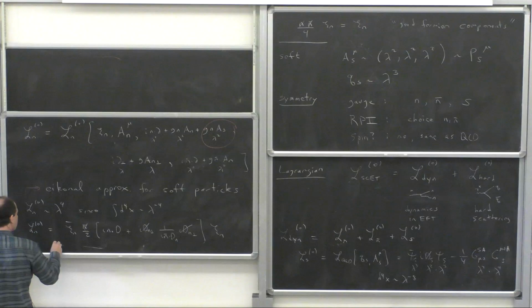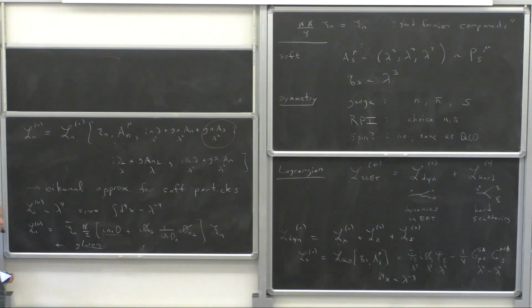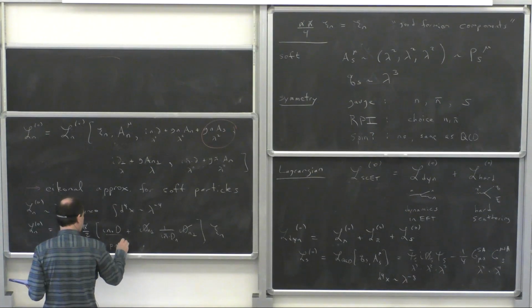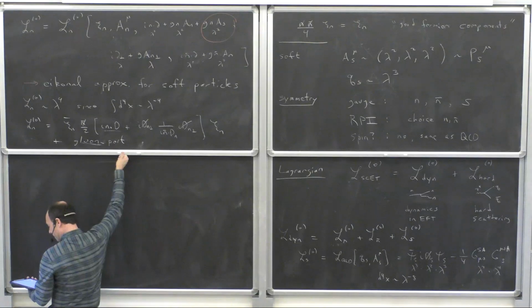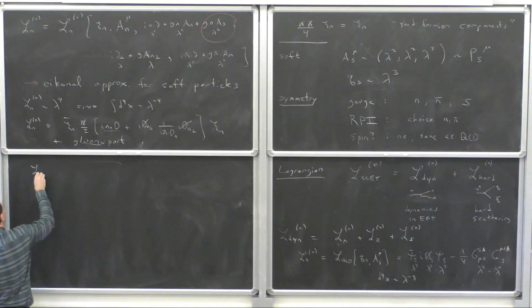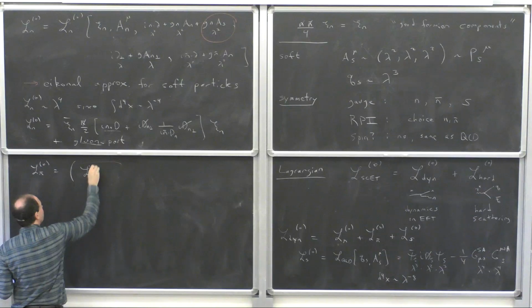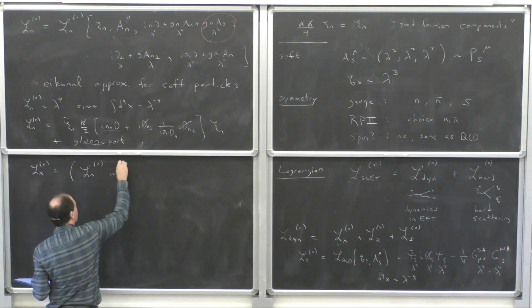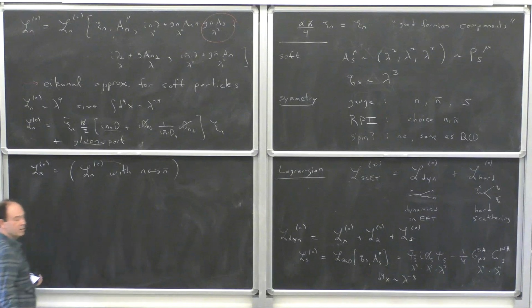Plus the gluon part, which has a similar property that only the n.A's come in. I'm not going to write the gluon part. L_n bar is the same thing as L_n, you just take L_n and swap in an n bar. Okay, that's the leading power theory.